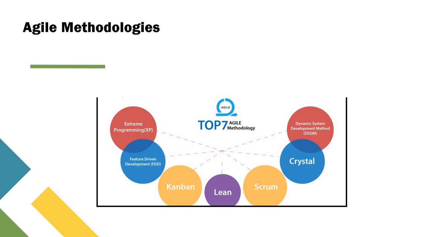This model relies on the repetition of a very short development cycle. First, it is based on features, and the different phases are where the product is delivered with new features added.